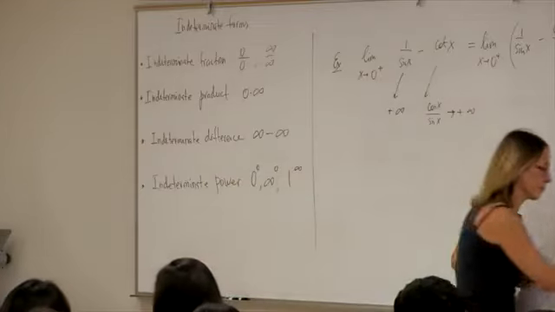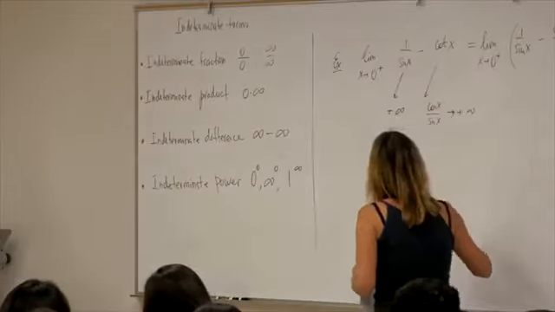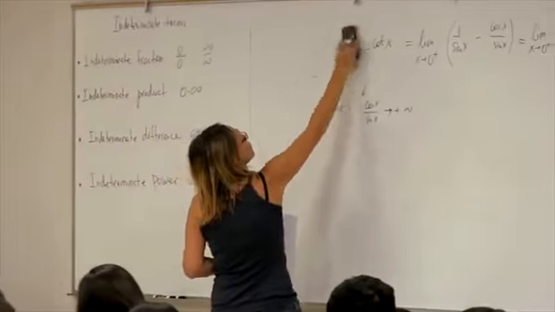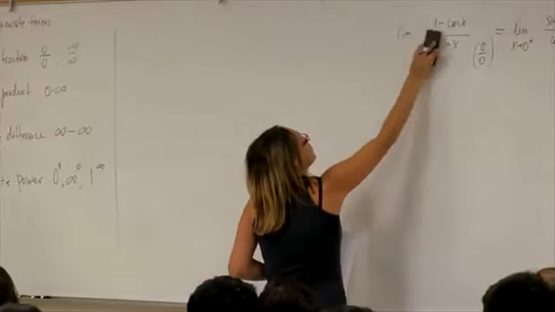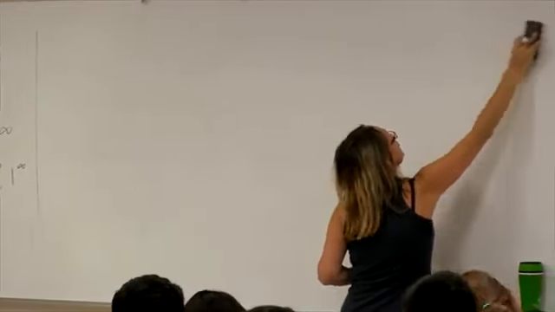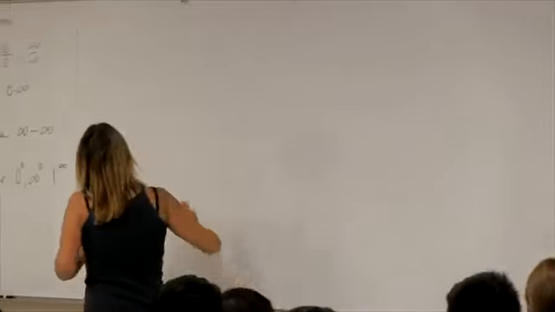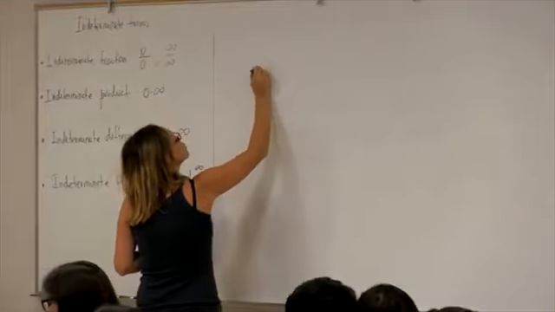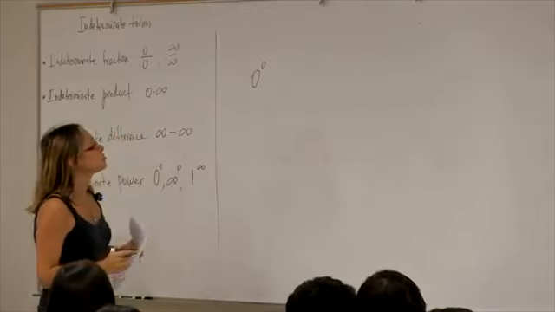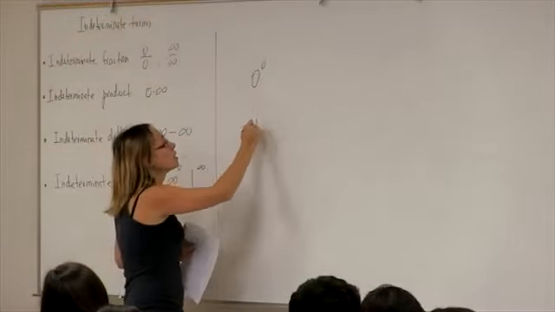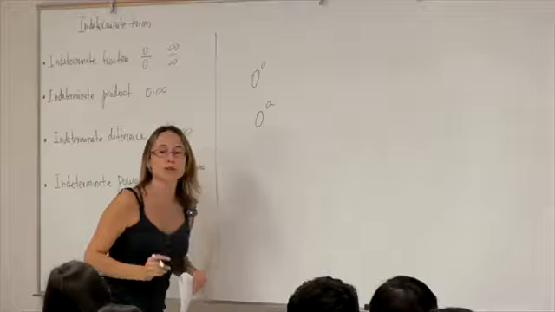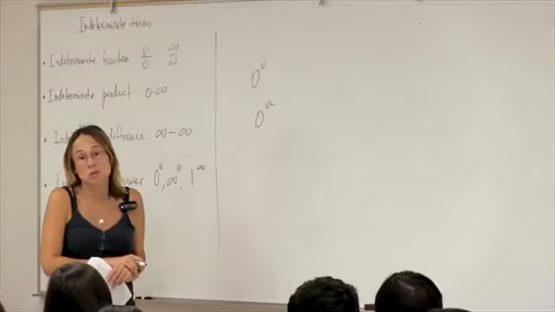So why are these indeterminate forms? Let's think about the first one, 0 to 0. Let's suppose that I take 0 and raise it to power a. What do I get? 0, usually.